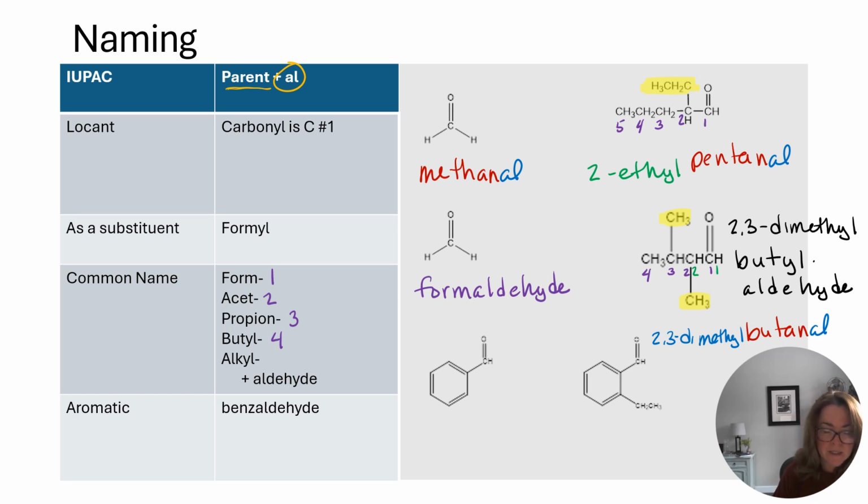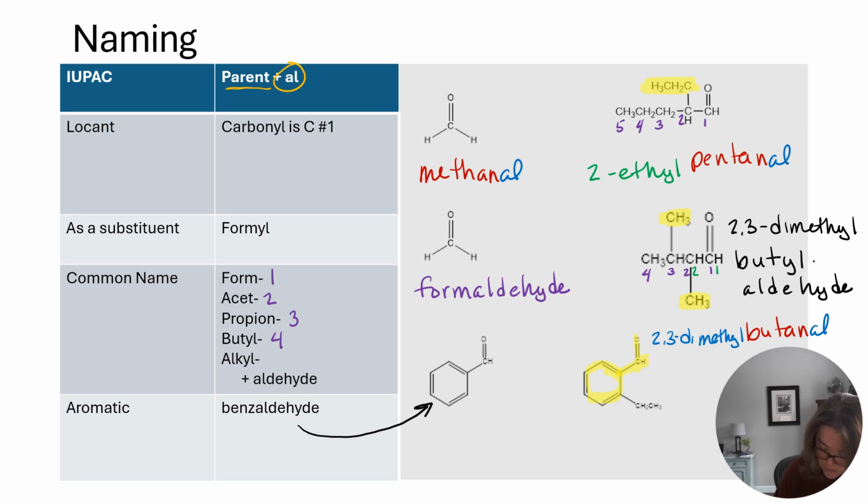All right, let's talk about our aromatics next. So we know that our aromatics are based off of benzene. So benzaldehyde will be our aldehyde on an aromatic. And if I wanted to go and name this next door neighbor here, this is also, I've got a benzene ring, right? So I've got my aromatic here with my aldehyde. So this would be a benzaldehyde.